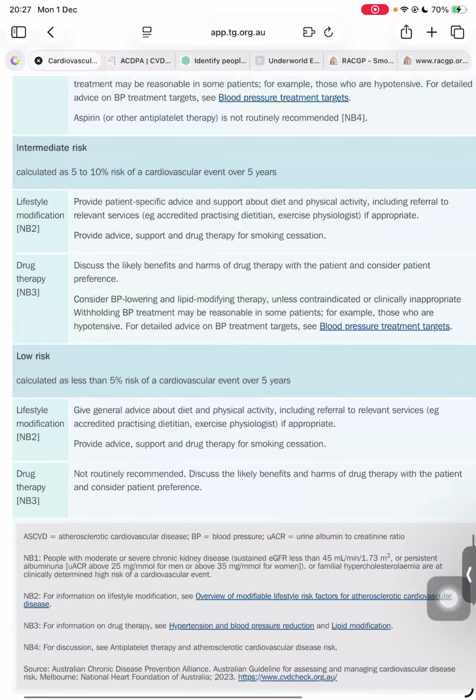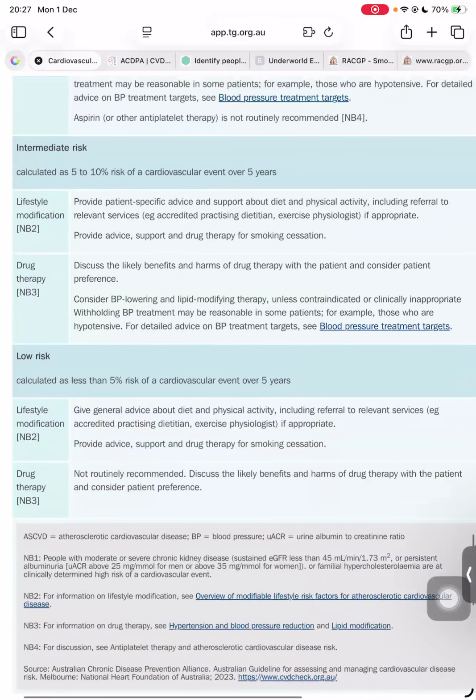What are the lifestyle modifications here? Provide patient specific advice and support about diet and physical activity, including referral to the relevant services like dietitian and physiologists, and provide advice, support, and drug therapy for smoking.